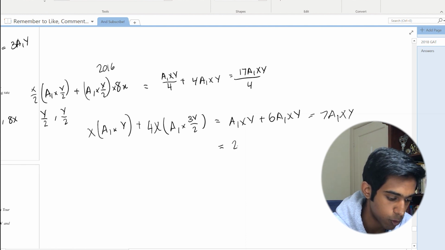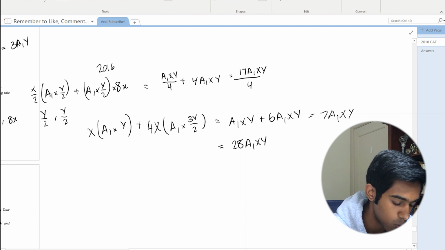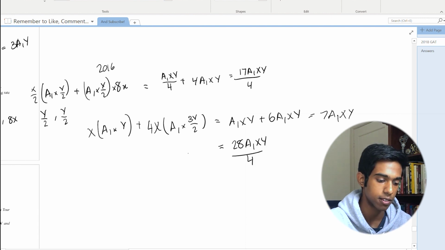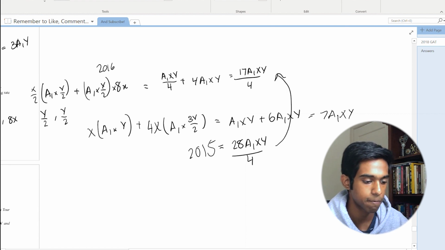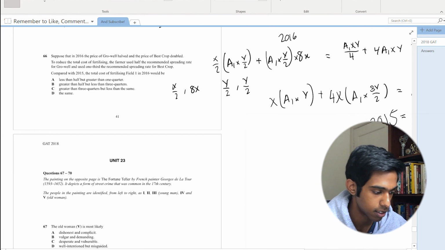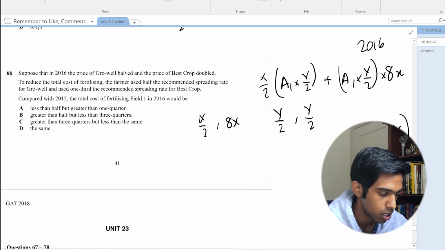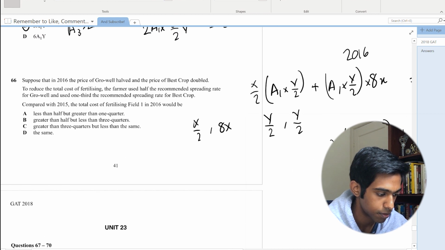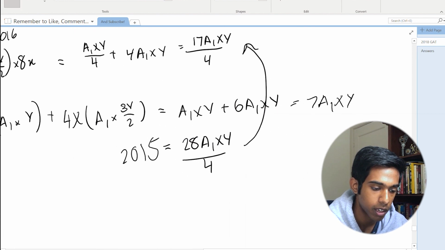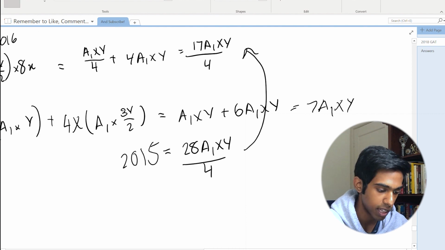So we get 28A1xy on 4 in 2015, compared to 17A1xy on 4 in 2016. So that means that compared with 2015, the cost of fertilizing field 1 in 2016 is greater than half, but less than 3/4.